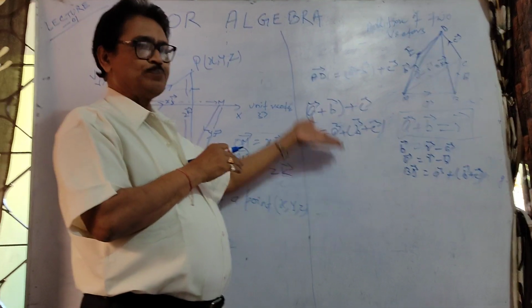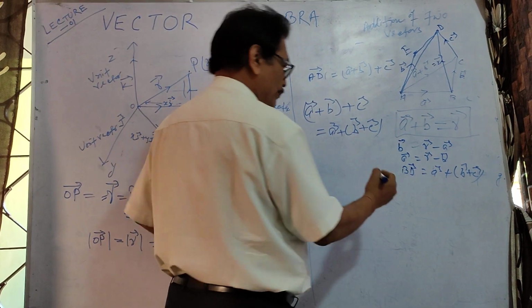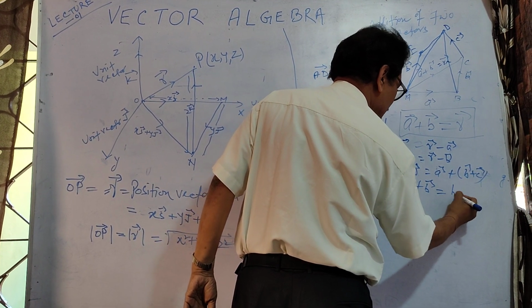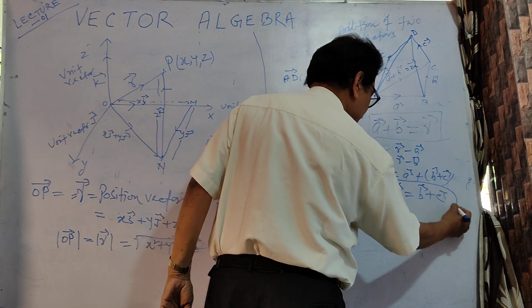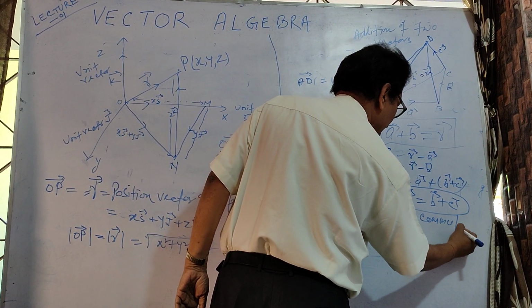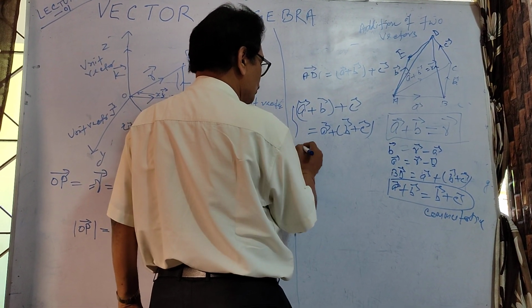This is the associative property. Vector A plus B may be written as vector B plus vector A. This is the commutative property. Similarly, this one is associative.